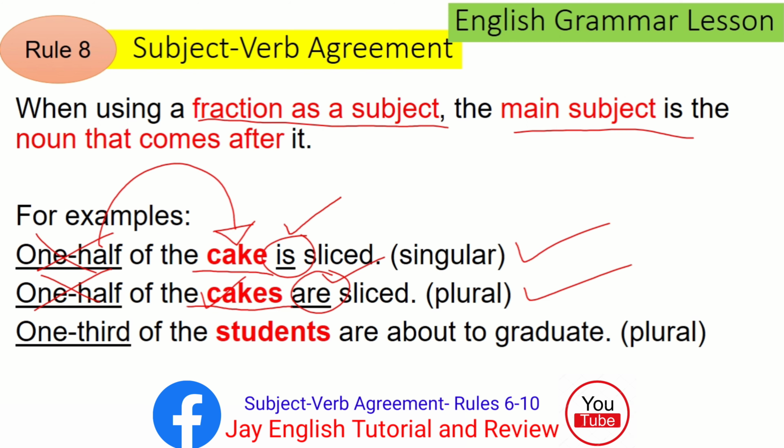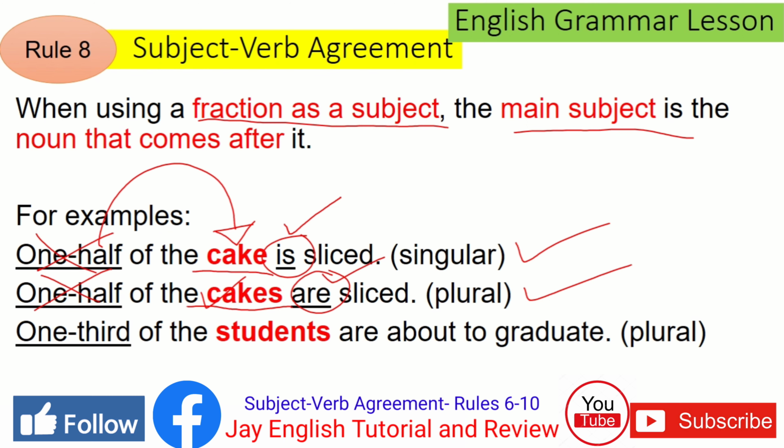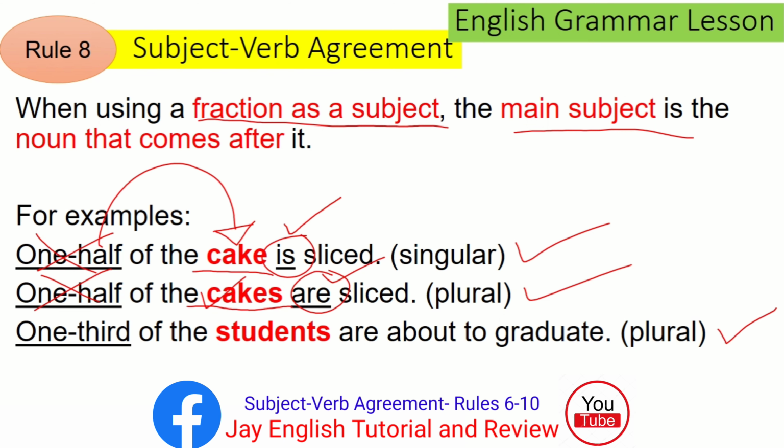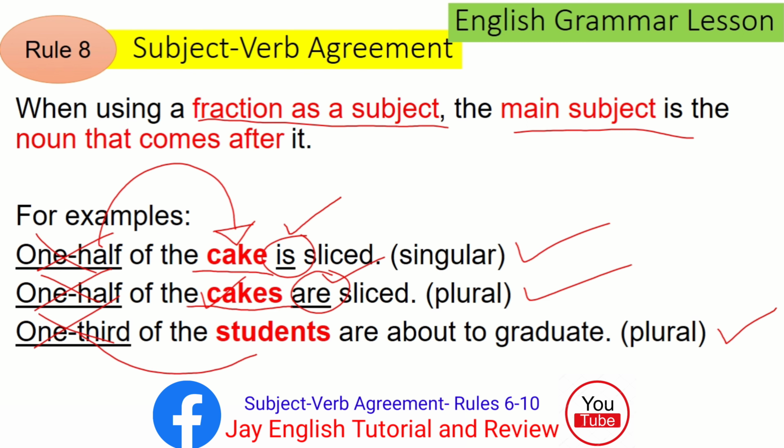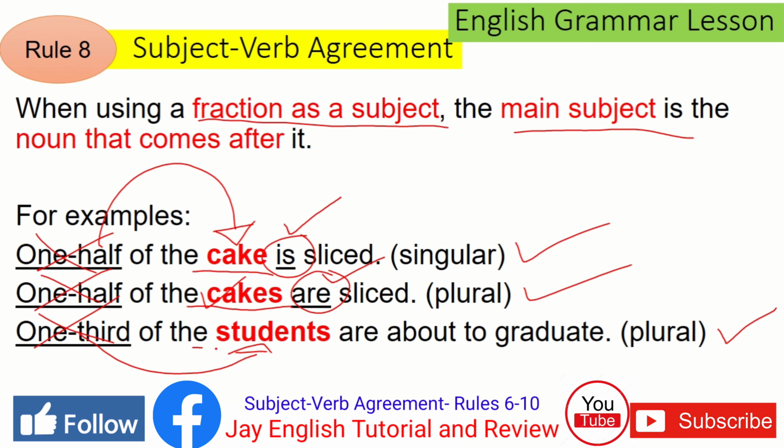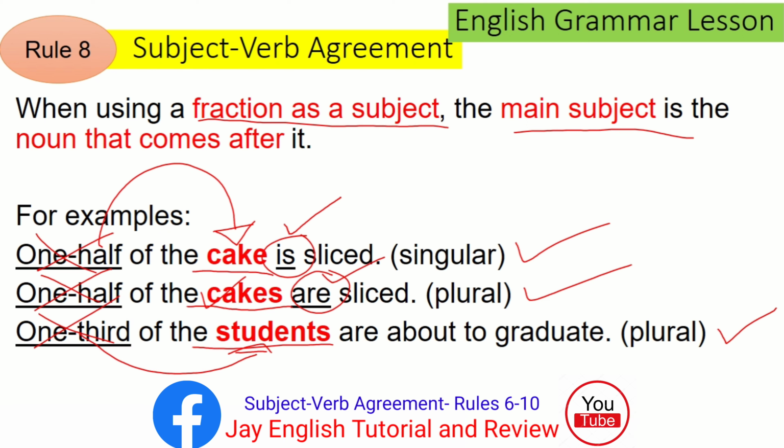Another example, 1/3 of the students are about to graduate. So in this example, we are using a plural verb too. The fraction 1/3 is not the basis of the main subject; the rule says it is the noun that comes after it. And our noun here is the word students, which is obviously a plural noun.